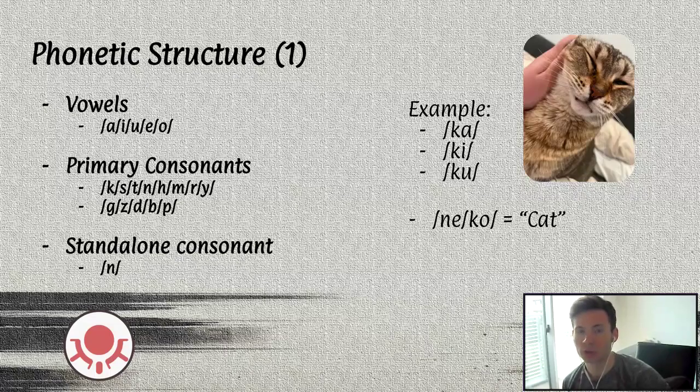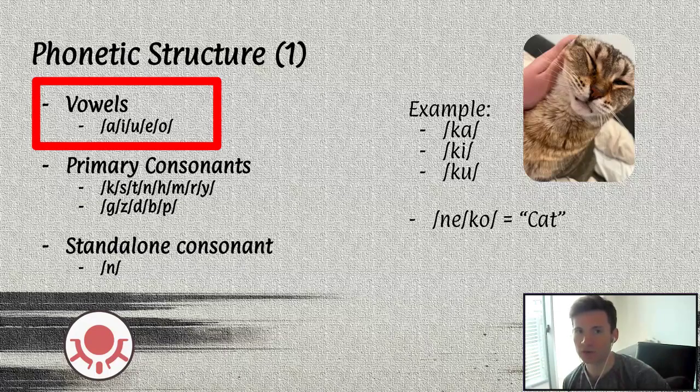The first thing to know about when we are speaking Japanese is it follows a phonetic structure. It's composed of 5 vowels: a, i, u, e, o, which more or less corresponds to our a, e, o, and u vowels in the English language.